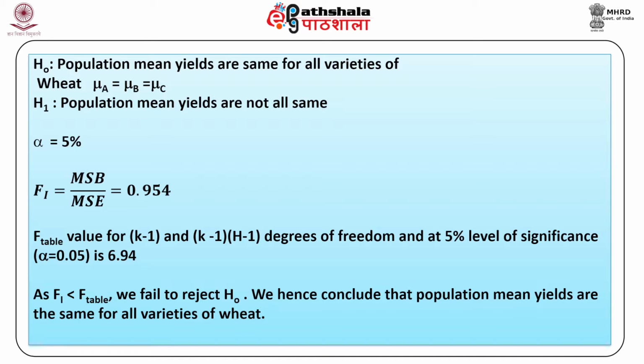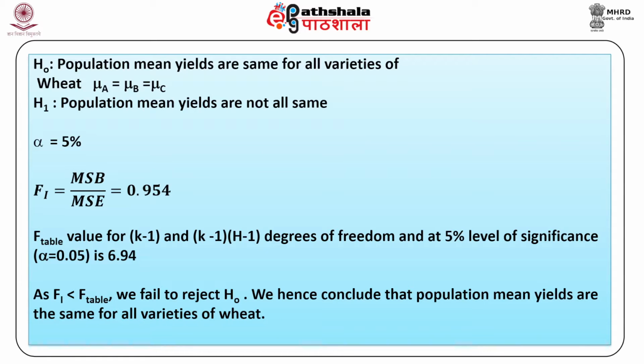Alpha we have selected as 5%. Now, the first F ratio, F1, is MSB upon MSE and is equal to 0.954. The tabulated value for k minus 1 and k minus 1 into h minus 1 degrees of freedom at 5% level of significance comes out to be 6.94.